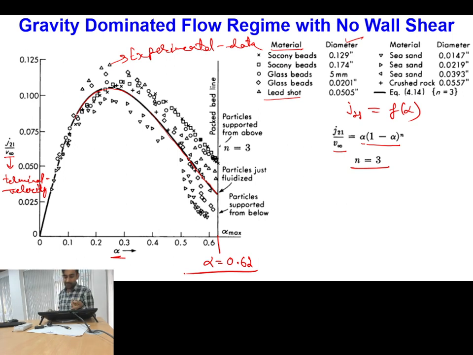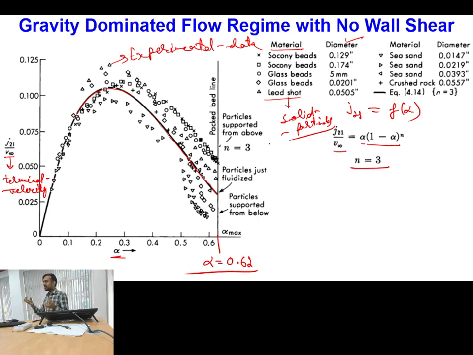What is the reason? These experiments are performed for solid particles, and solid particles have rigid shape. So what will happen? Till their concentration is low within the system, their relative motion will be because of the gravity forces.